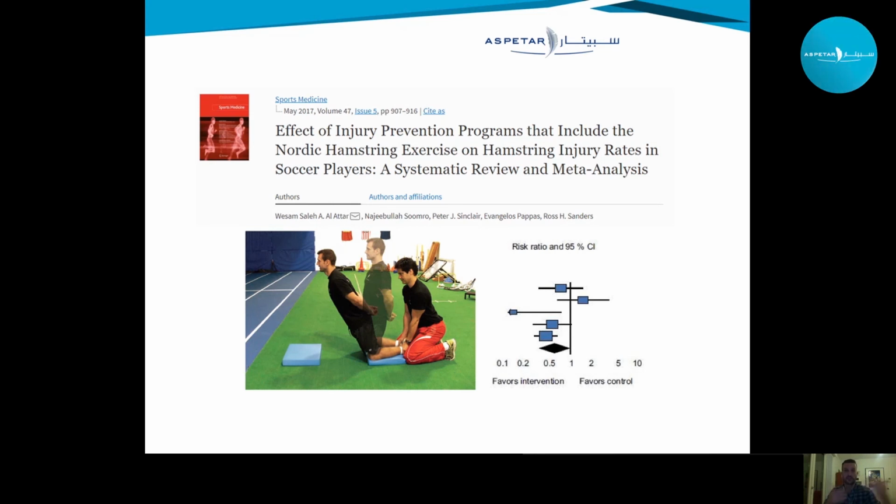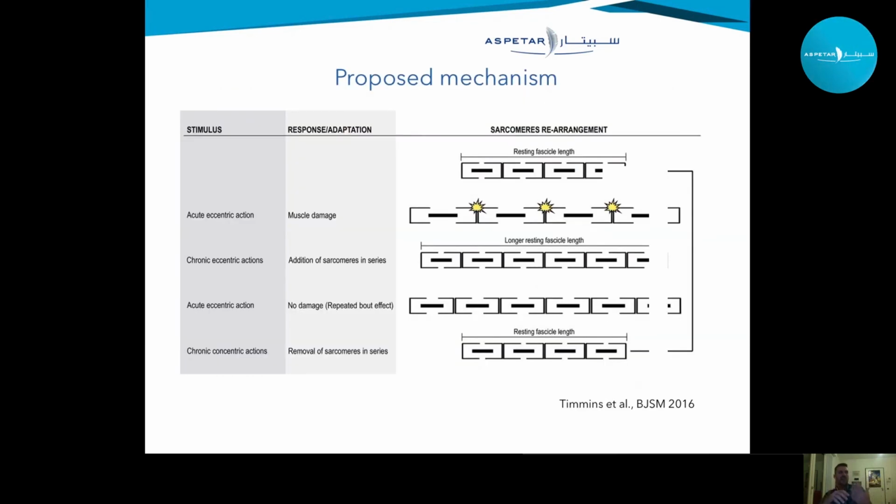Essentially, the Nordic hamstring exercise was seen as a way to apply eccentric loading, so to apply the eccentric strain and fascicle lengthening with higher forces, in order to create adaptations in fascicle length and have a bigger amount of sarcomeres in series added to the muscle.